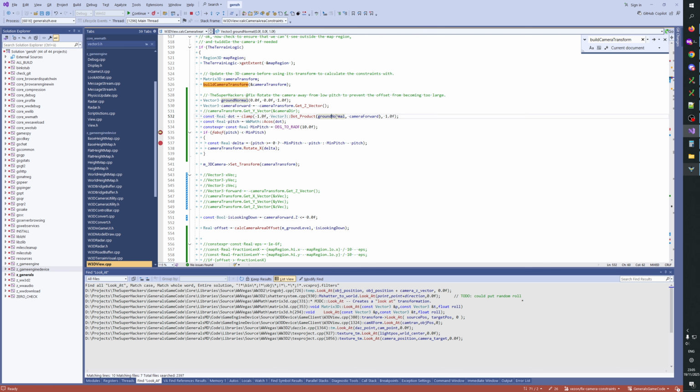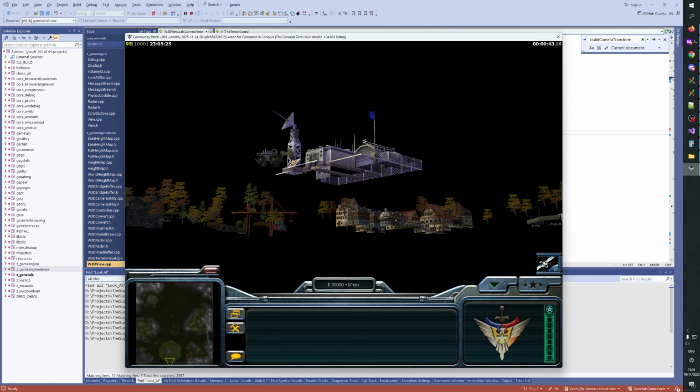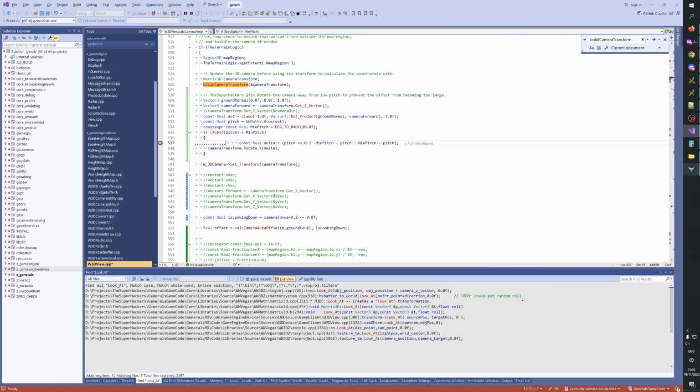Camera forward ground normal dot. Pitch.